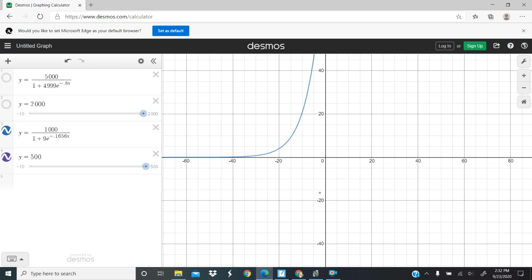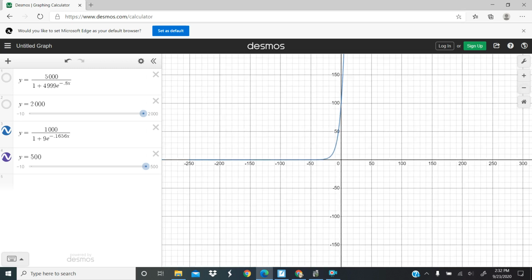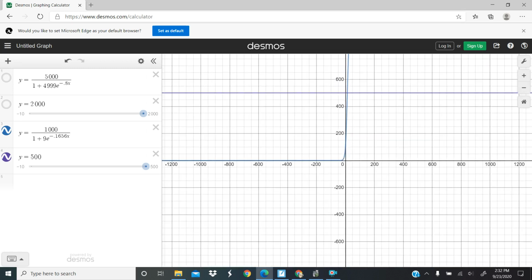So I have my two equations typed in, and then I'm just going to have to zoom out to be able to see them. So you can see the intersection right here. I want to click on that second dot and it's at 13.268. So my x value, which is representing time in this scenario, is 13.268.